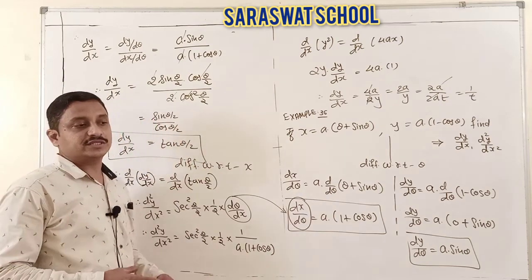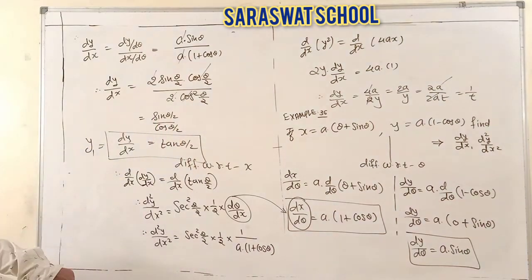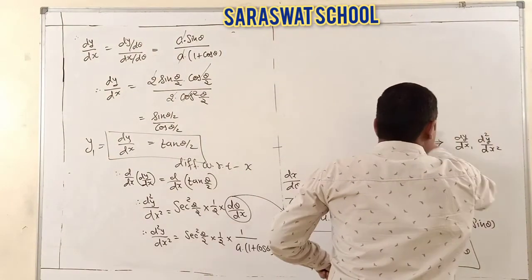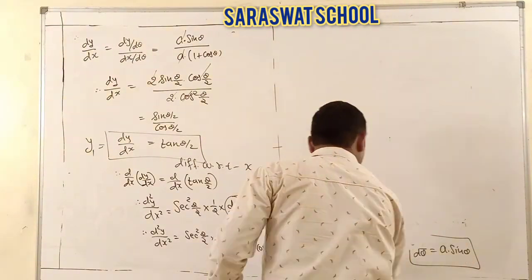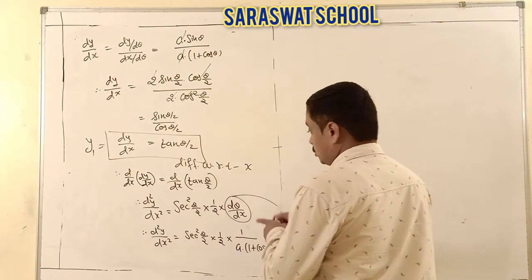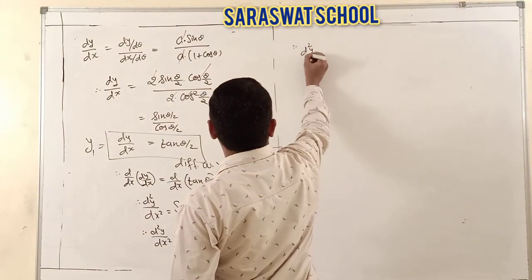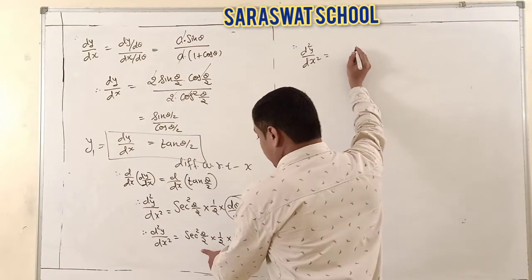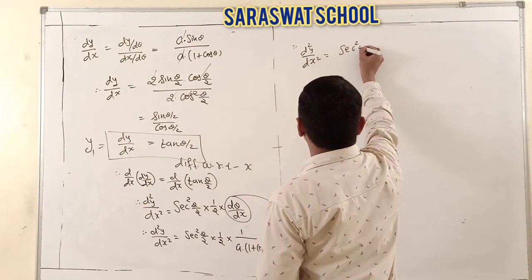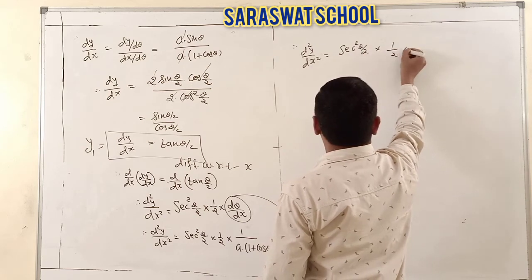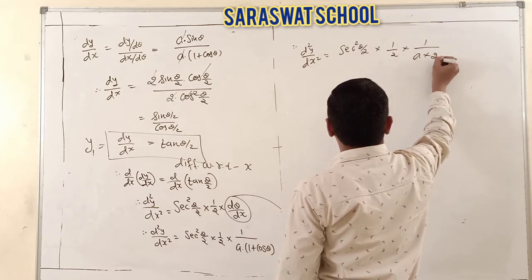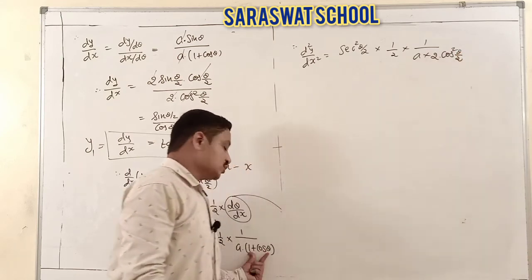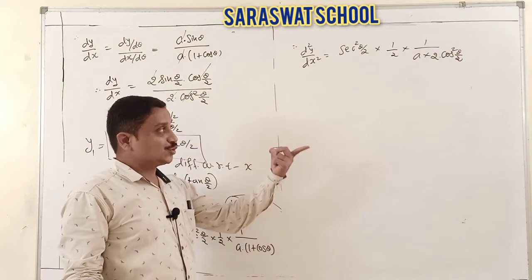And now further, students, I just rearrange this answer in one line. Then this answer is done. The second order derivative, so d square y by dx square is equal to sec square theta by 2, written down the same. Can I write this one? 2 cos square theta by 2. Because 1 plus cos theta, you know already, is 2 cos square theta by 2.